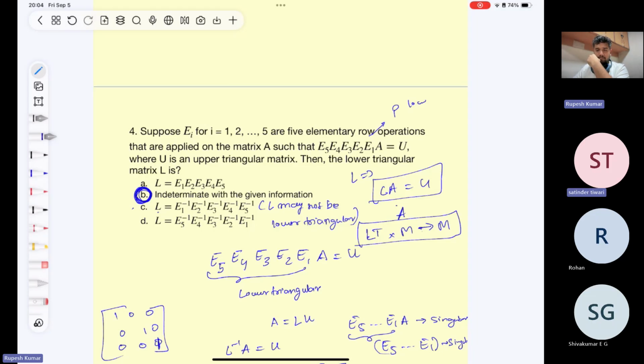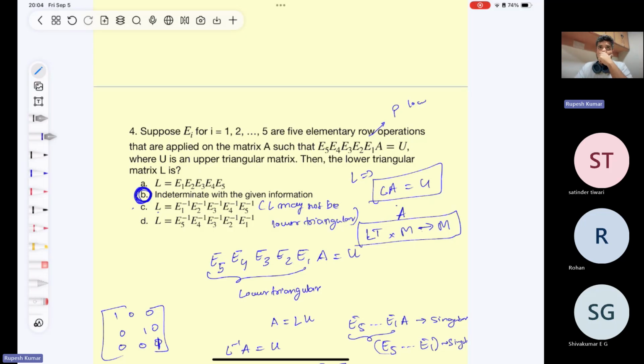The inverse exists because you are doing either row interchanges or a non-zero scalar product plus addition. So basically, nothing goes to zero. If you write down all the elementary row operations as matrix products, you will see that none of them is a singular matrix.